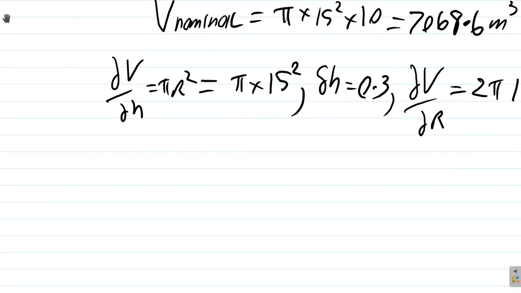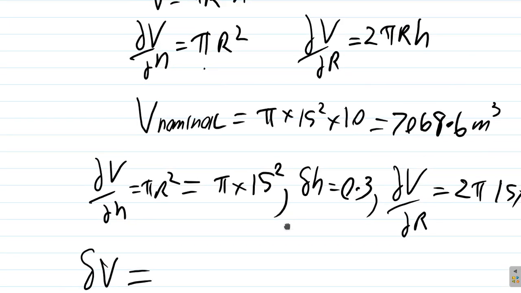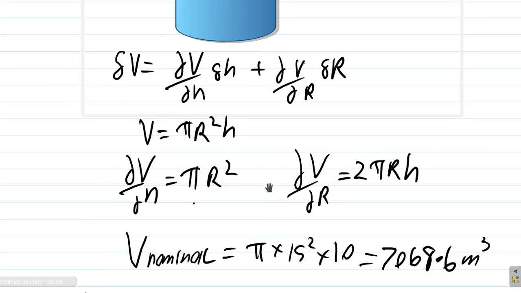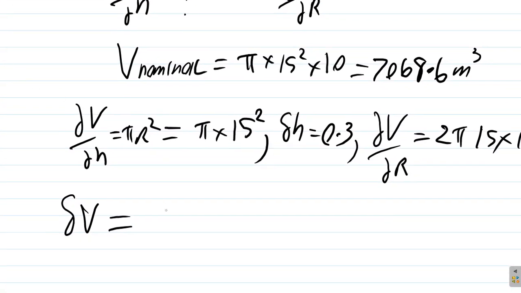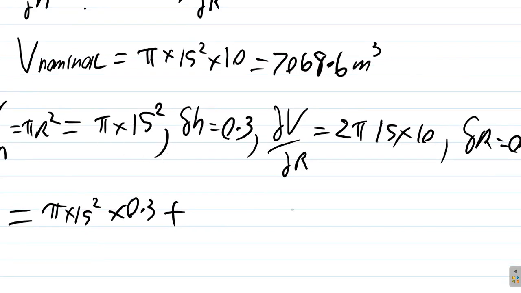Now, change in volume is equal to what now? It's going to be delta V by delta H, which is pi times 15 squared times change in H, which is 0.3, plus delta V by delta R. Let me see now. 15 twos are 30, 300.